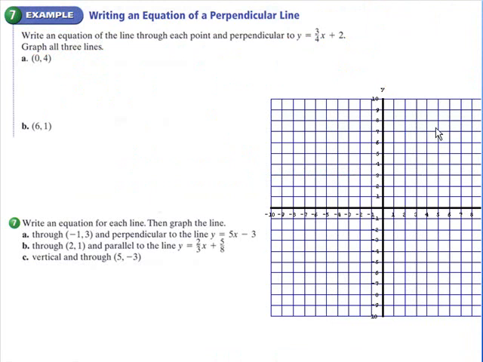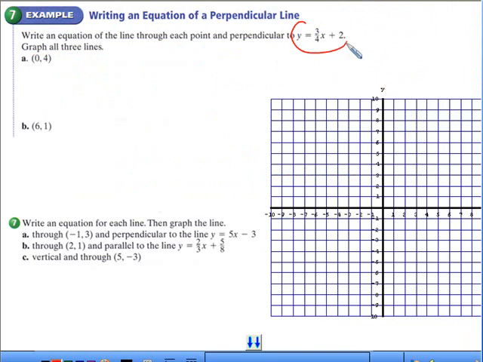Now, writing the equation of a line perpendicular to another line. We've got this equation right here, and the slope is 3 over 4. We want to find the equation of a line perpendicular to this line, going through this point.